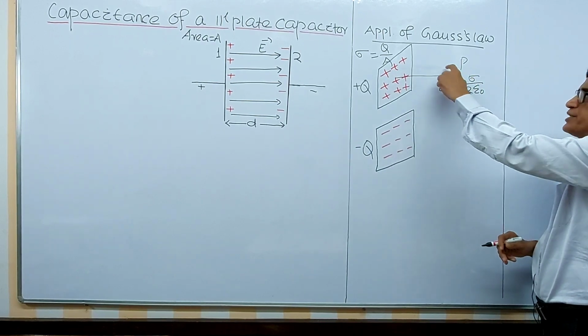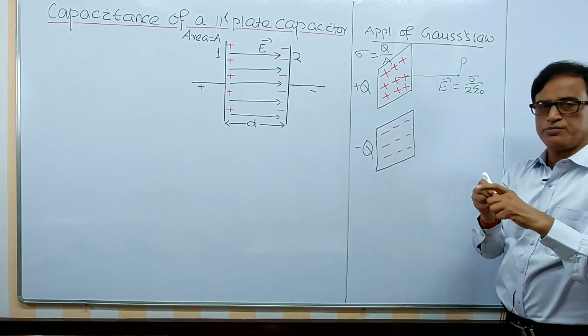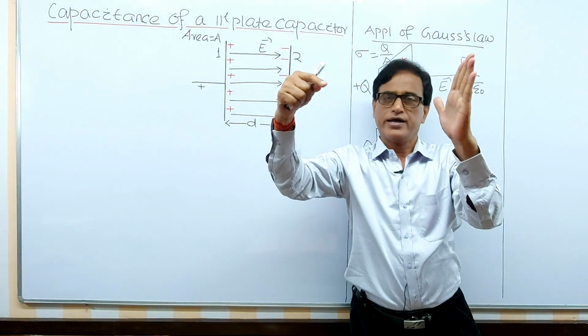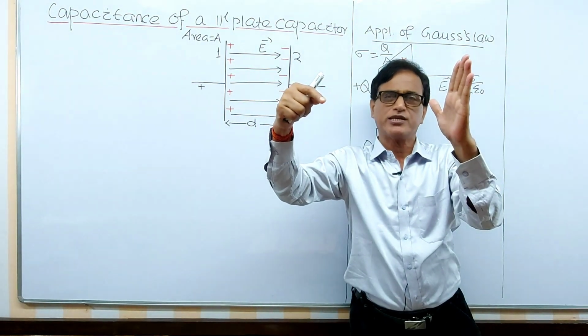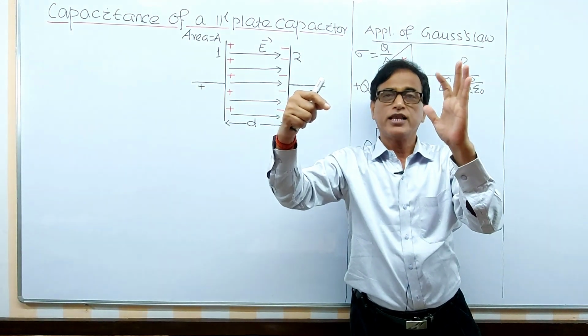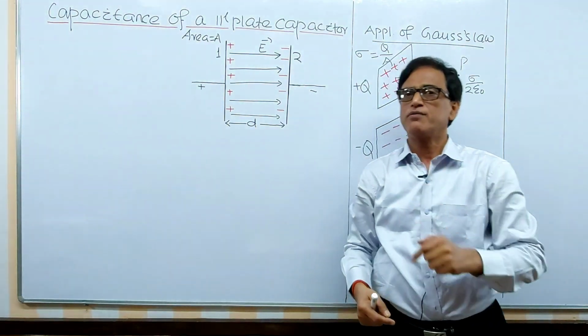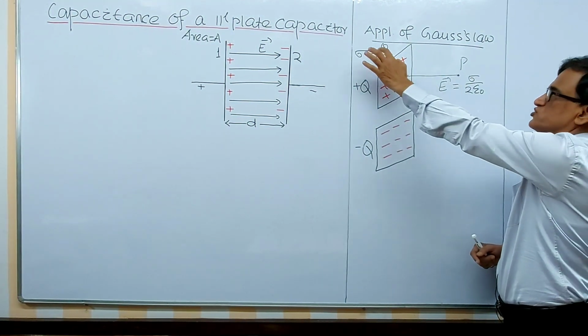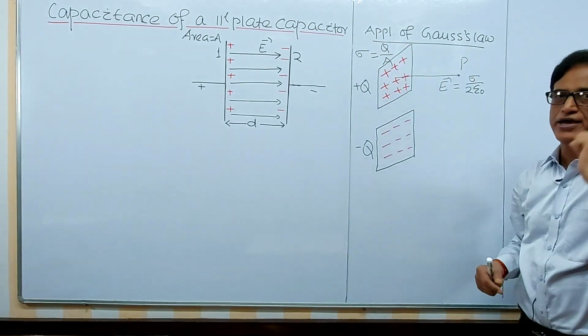Epsilon 0 is the permittivity of this medium, air. That means if you have a charged plate, at any distance, it may be 1 centimeter, 2 centimeter, 3 centimeter, the electric field magnitude is sigma by 2 epsilon 0. Epsilon 0 is the permittivity, sigma is the charge density, charge per area.